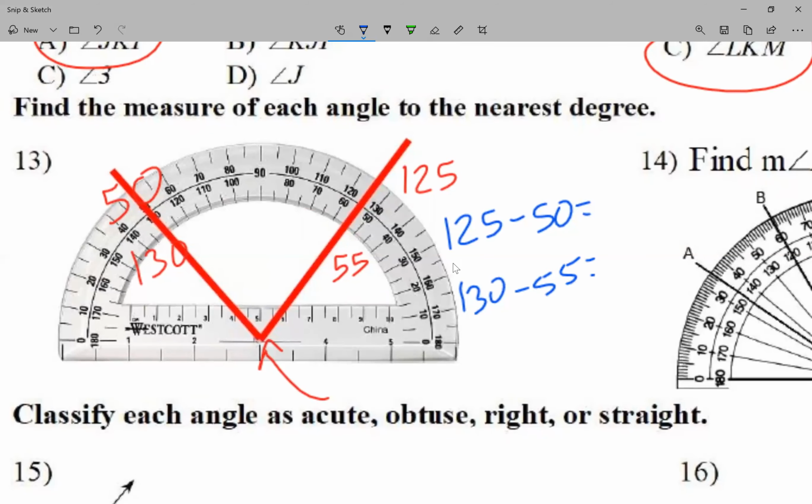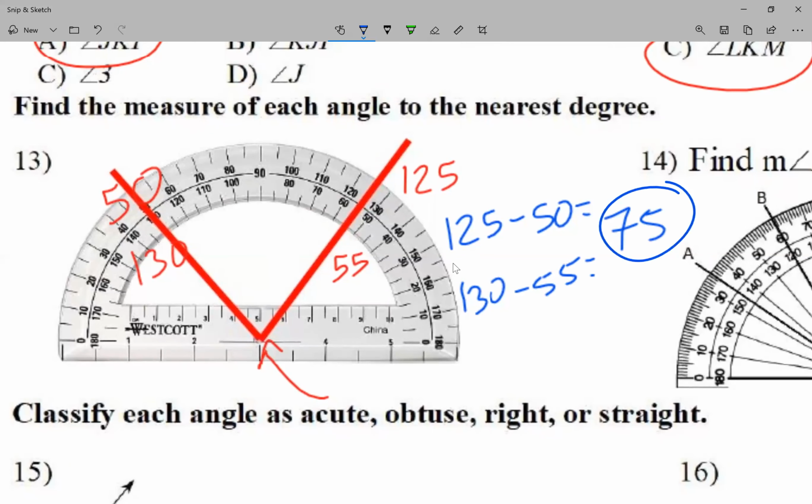Outside numbers only or inside numbers only. Do not mix and match. Either one that you use, your answer should be 75. Like I said, outside numbers only or inside numbers only. Don't mix and match.